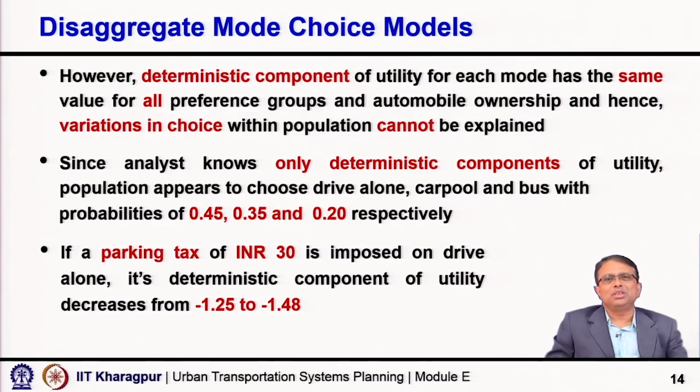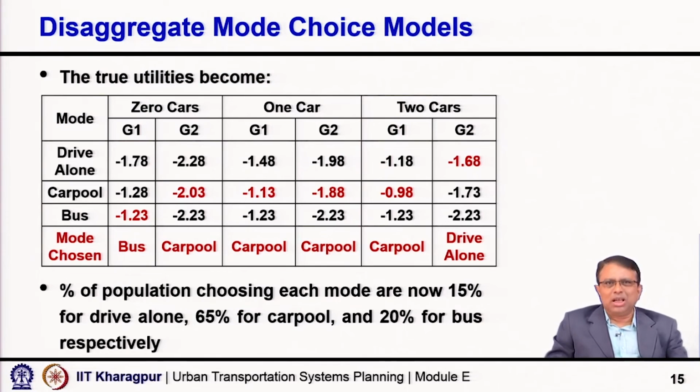So my disutility becomes 1.48, or the utility becomes minus 1.48. Similarly, this will also have an impact on the utility of drive alone for 0, 1 and 2 car ownership people, and also for income group 1 and income group 2.